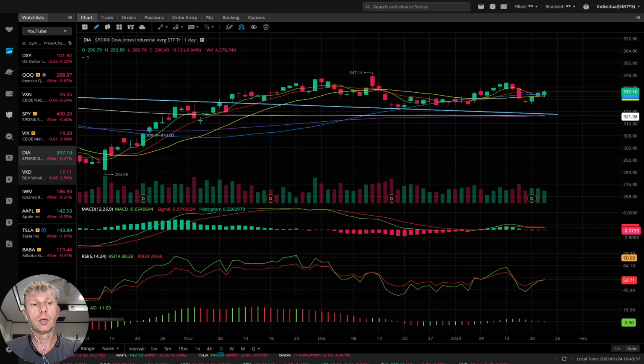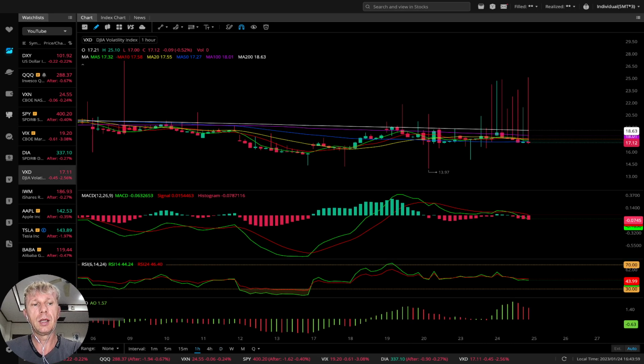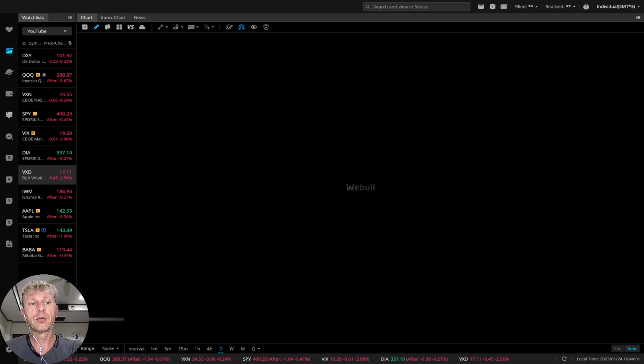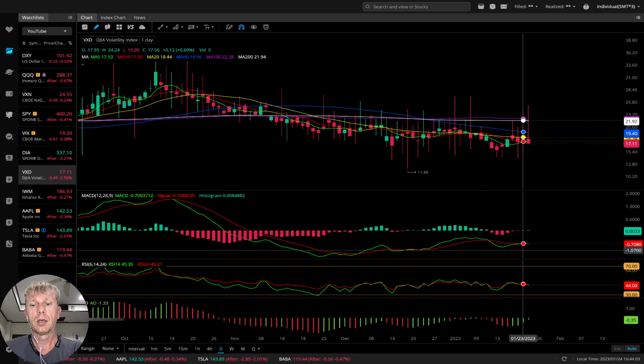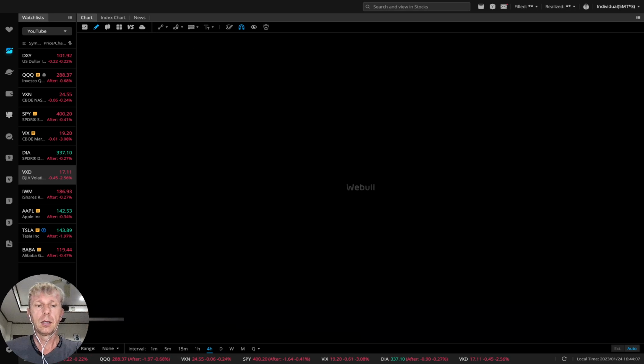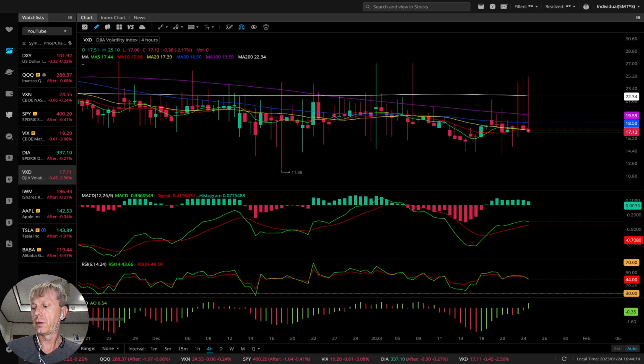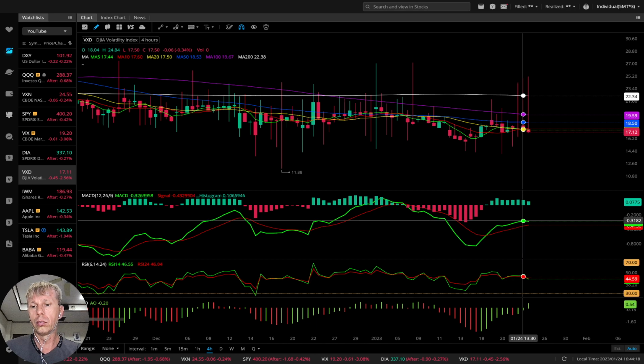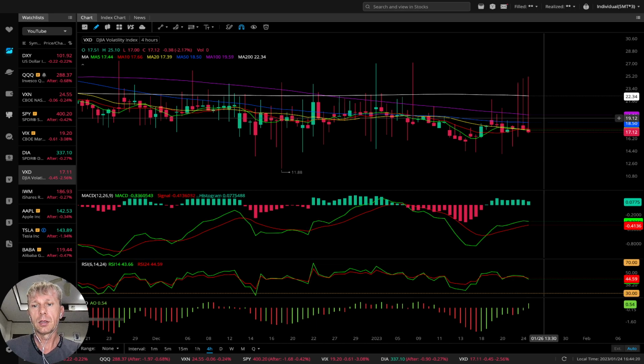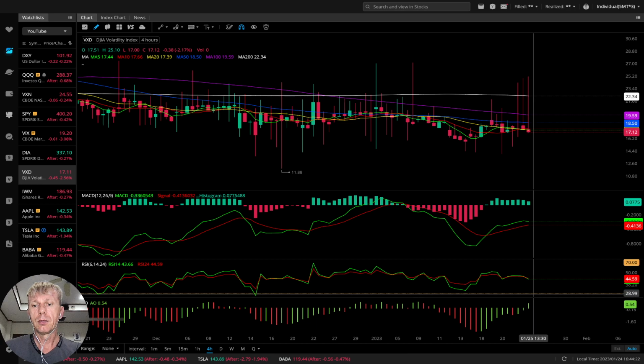Let's move to the volatility index for Dow Jones. It's flat on daily, kind of flat mode. On 4 hours, it's bullish, like mixed mode, 50-50.